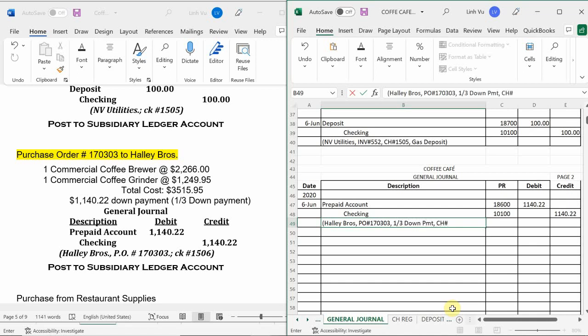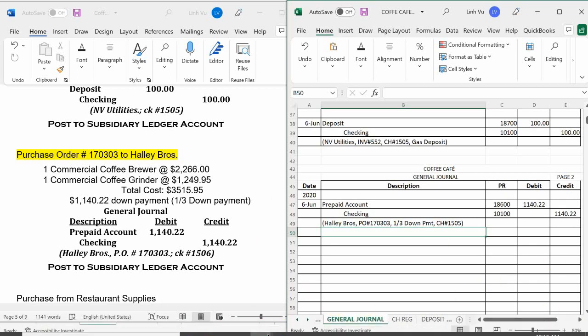And we used check number 1505 as proof that we made this payment. Okay. So let's go ahead and fill in our ledger because now we're done with our journal. Let's fill in our ledger so that I can show you how we would fill out the subsidiary ledger.